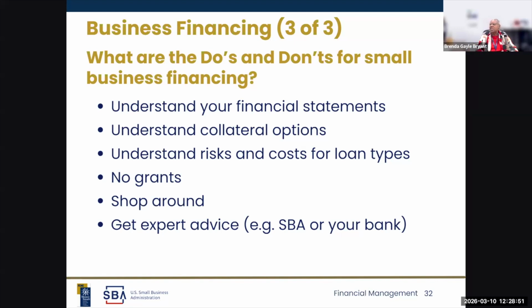You need to understand collateral. If I'm going to go out and ask for a loan, somebody may say to me, well, I can give you a loan, but I need to have some collateral. Well, what is collateral? Collateral is something that I own that, if I don't pay that loan off the way I should, the lender can take that money out of my collateral.